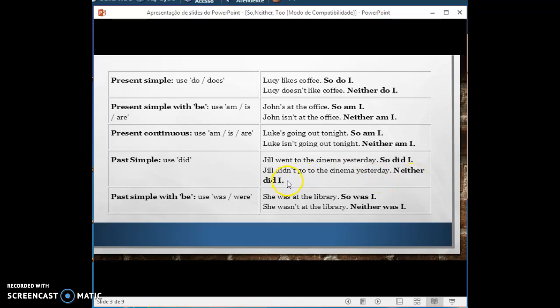"Neither did I." The past simple with be, we use was or were. "She was at the library." "So was I." "She wasn't at the library." "Neither was I." If I want to say he, I say, "so was he," or "neither was he." If I want to say they, "so were they," "neither were they."